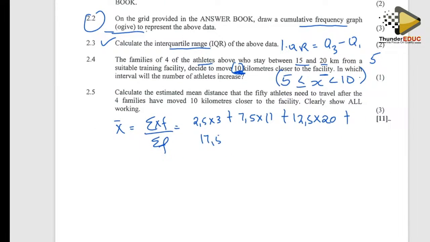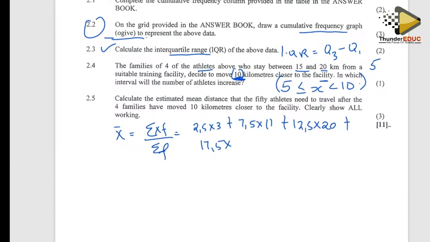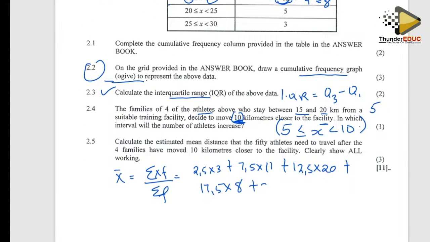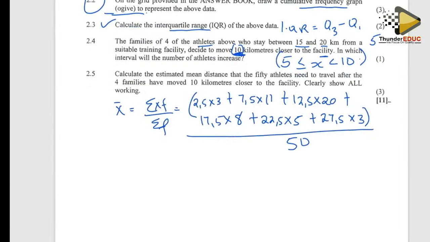It's 17,5 multiplied by, now we're going to subtract our 4 people, which now leaves us with 8. Plus now the next category, which is 22,5 multiplied by 5, plus now 27,5 multiplied by 3. So the answer we get here, we must divide it by 50.